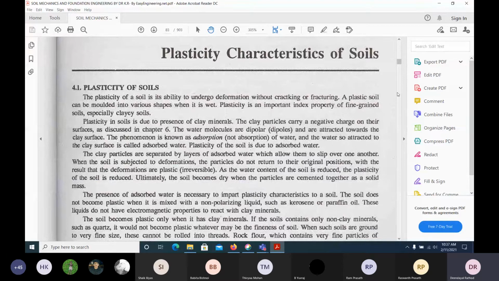Because the clay surface will be having negative charges, and the water is dipolar, it will attract water and absorb water, and there are some minerals in the clay also. So because of that, the clay soil is more plastic. We can mold it. We can make a Ganesh idol or whatever you want with that because it is having plasticity characteristic. So we'll focus on this clay soil today.